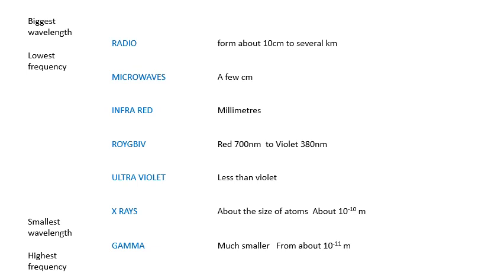Okay, so Roy G. Biv, and then ultraviolet. I just remember it's less than violet. X-rays are about the size of atoms, so about 10 to the minus 10 meters, and then gamma can be very, very small, from about 10 to the minus 11, 10 to the minus 12, 13. Okay, so that's what I remember about the wavelengths.